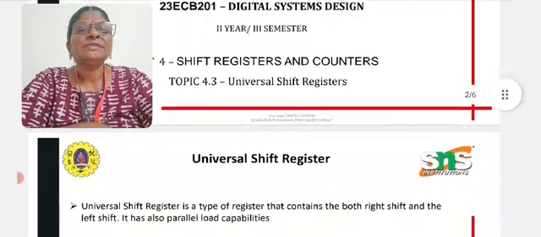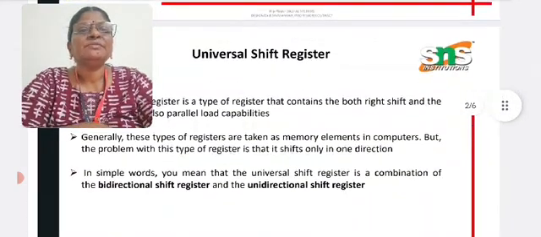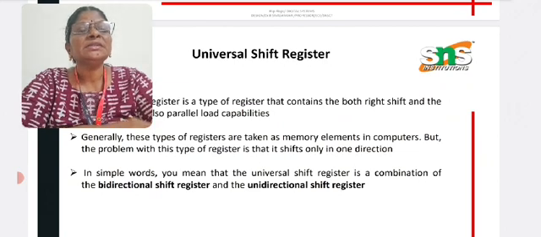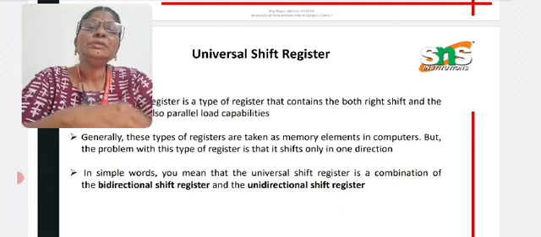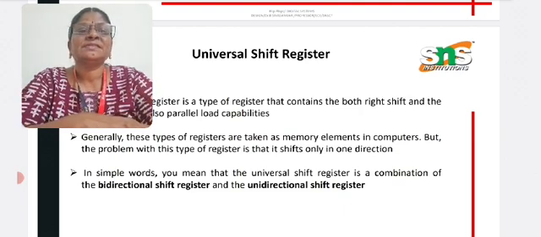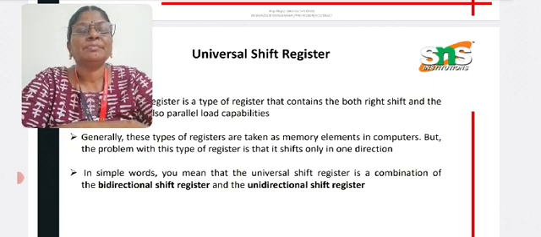The name universal means it is a type of register that contains both right shift and left shift and also parallel load capabilities. That is, all four types of shift registers, SISO, SIPO, PISO and PIPO, can be implemented here. All types of registers can be accessed here.